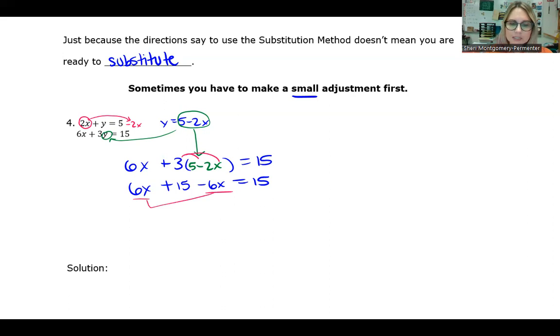What happens if I have 6 minus 6? I don't have any of those anymore. So I end up with 15 equals 15. That is true. What happens when we have a true math statement? Infinitely many solutions.